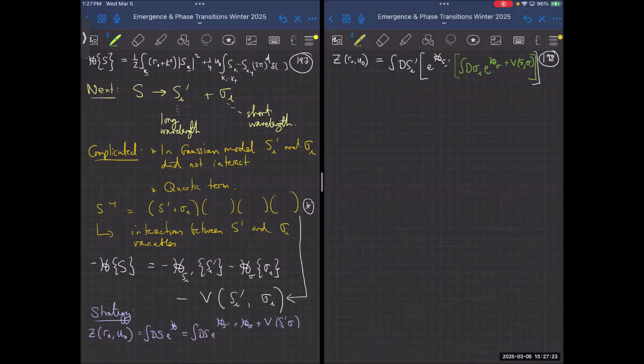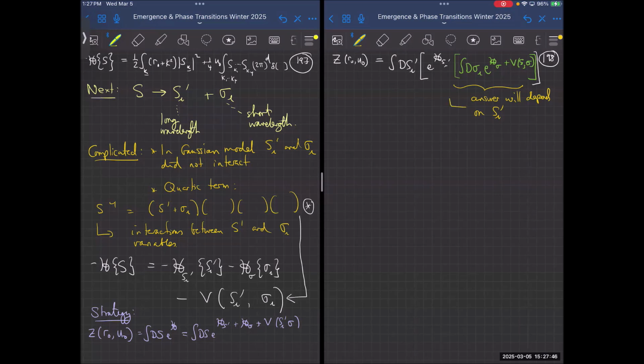And so this, when we do this integral over here, this integral in green, the answer for this will depend on our variable S L prime. And so because it depends on that, it's going to change.